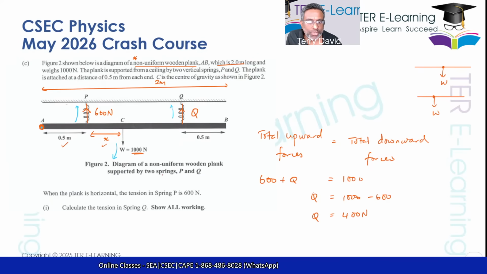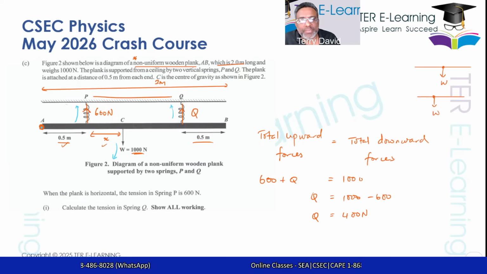When it comes to Q now, the full length of the plank is 2 meters. You have 0.5 here, you have 0.5 here. So what that tells you is that the distance between here and here is going to be 1 meter. I hope you all saw that.